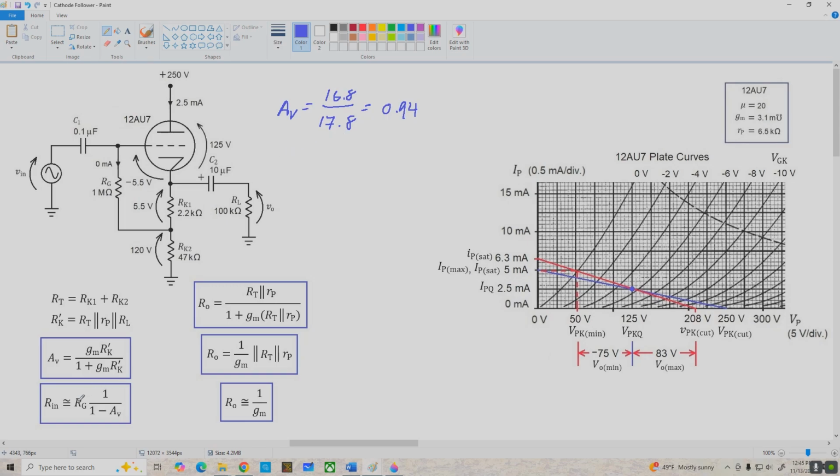Now, Rin is equal to the grid resistor times 1 over 1 minus AV. Now, this 1 over 1 minus AV factor comes from the analysis of the resistor that is located effectively in a positive feedback loop. Remember, we've got non-inverting gain from the grid to the cathode, and if we were working from grid to plate, we'd have inverting gain. And as we've seen before, when you have a feedback resistor in the feedback loop from an inverting amplifier, we get a reduction of the feedback resistor.